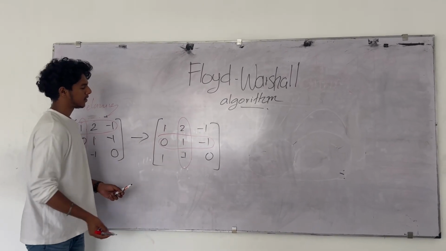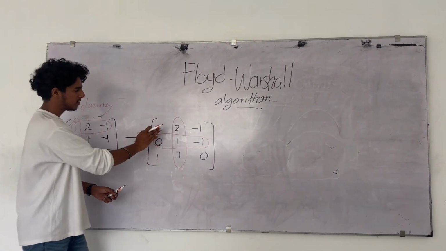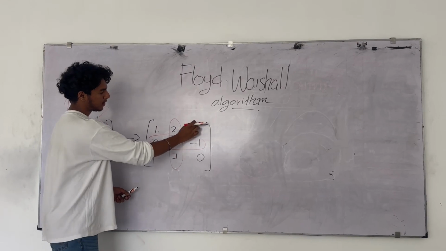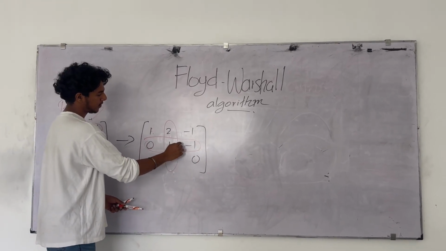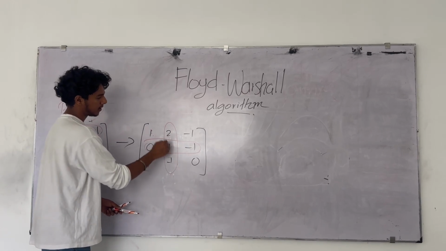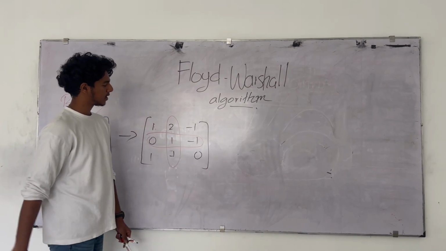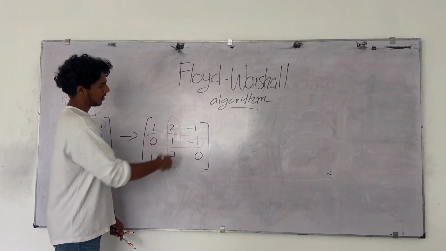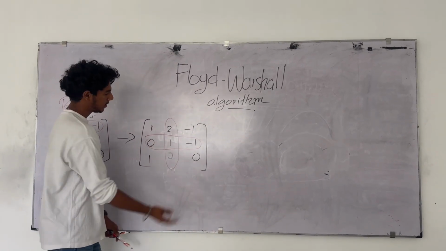So 2 plus 0 is obviously 2, so it is greater than 1. We do not replace this. Then we take this side. For the selected element, the addition occurs with this side and this side. So 2 plus -1 is 1. It is greater than -1, so we do not replace that.